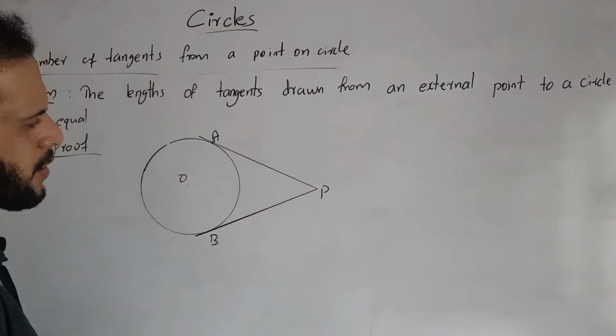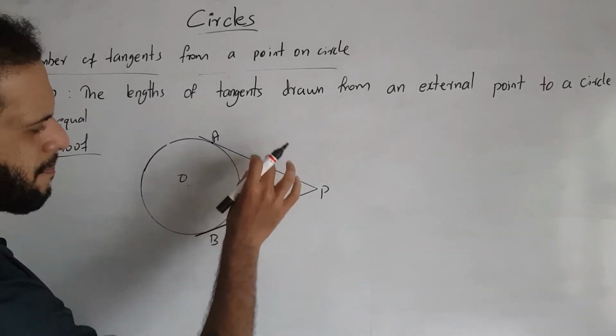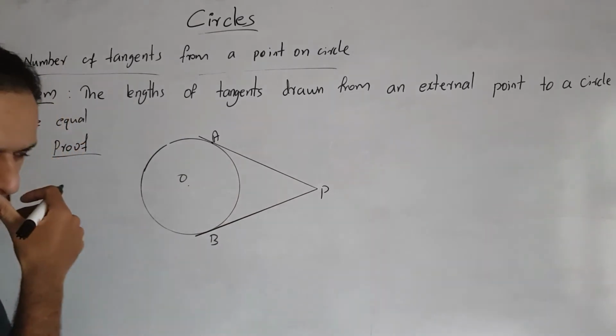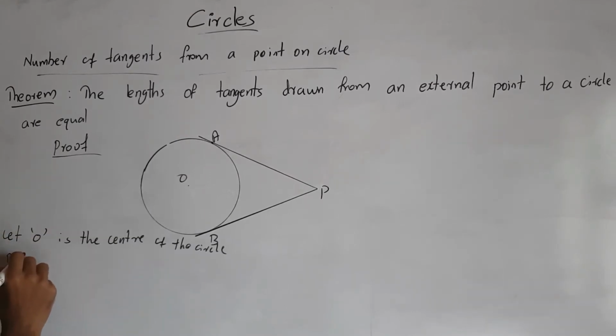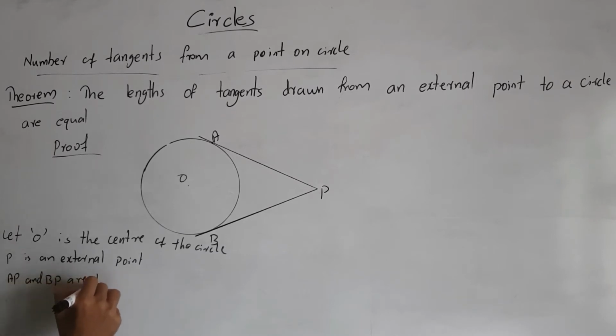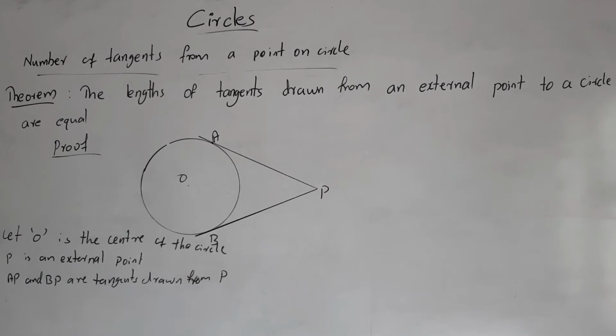So here we want to prove the length of PA is equal to PB, that means AP is equal to PB. So we start like this: let O be the center of the circle, P an external point, AP and BP tangents drawn from P.